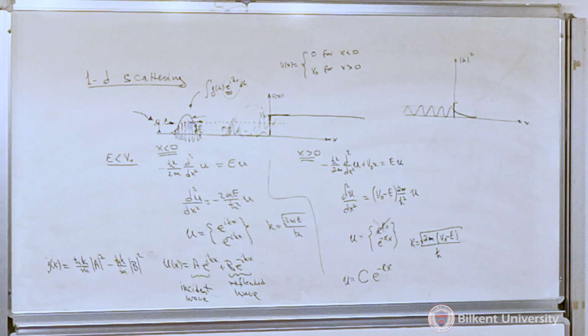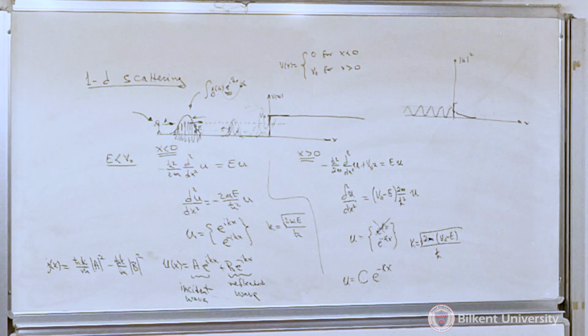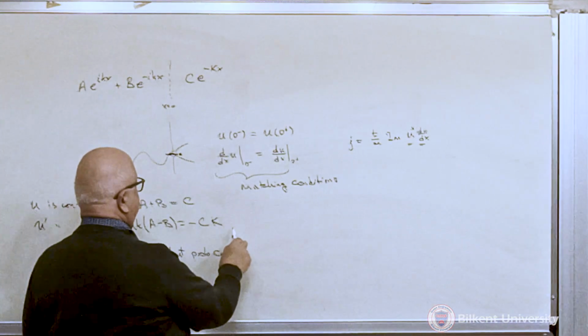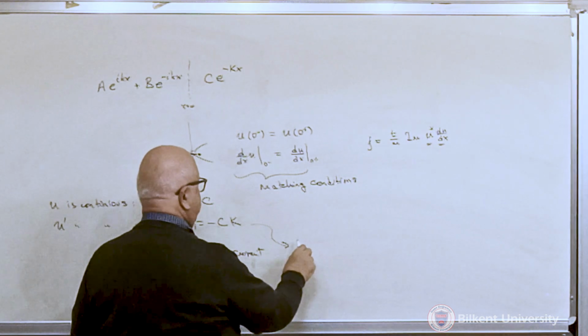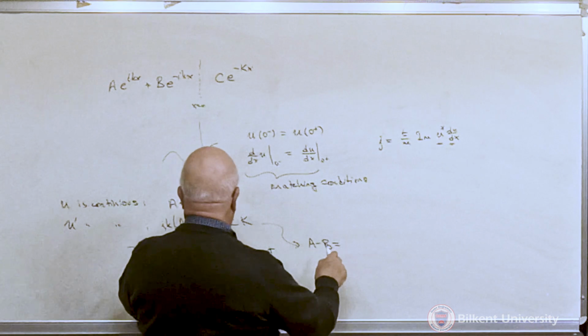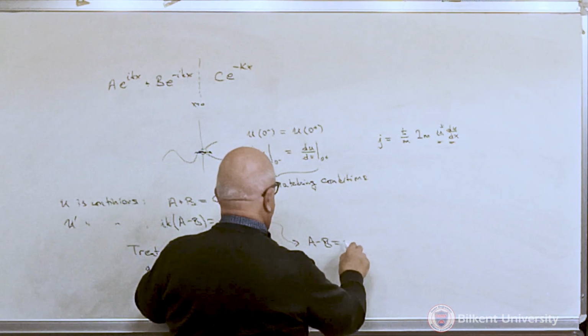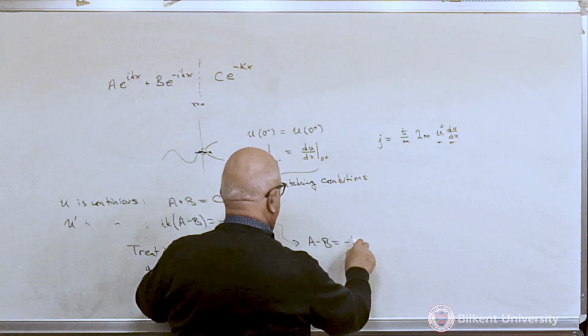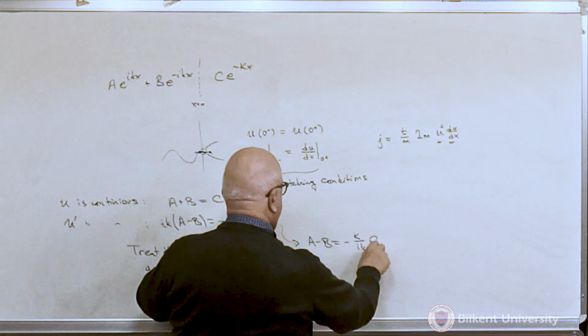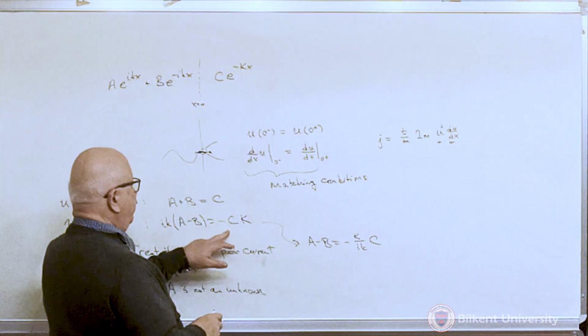Well, let me just finish this algebra and then we'll have the break. So this second equation I can write as A minus B is equal to minus k over ik times c.